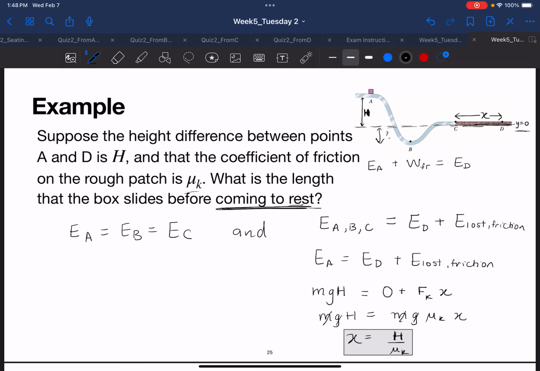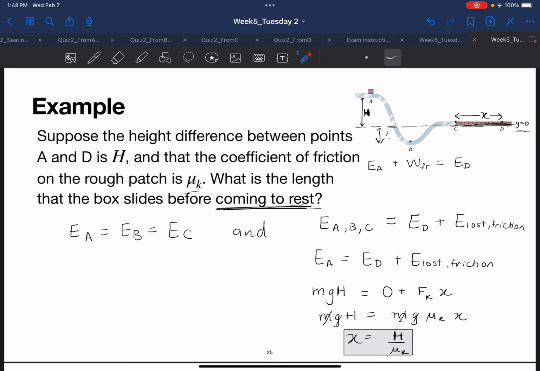Also, we need to use point A first to then figure out what the velocity here could be. Similarly at point C, we know height here is 0, but we don't know how fast the block is moving. We could do a comparison between point A and C, figure out that velocity, then use E_C to compare to the right-hand side here.